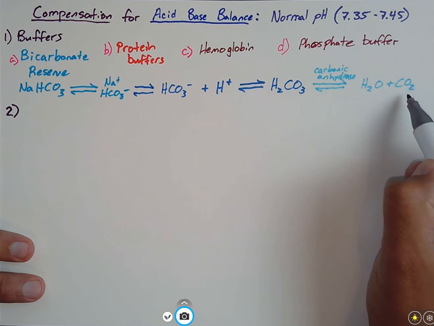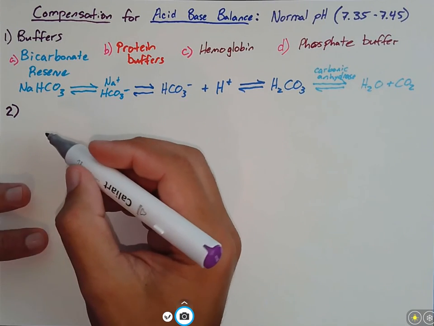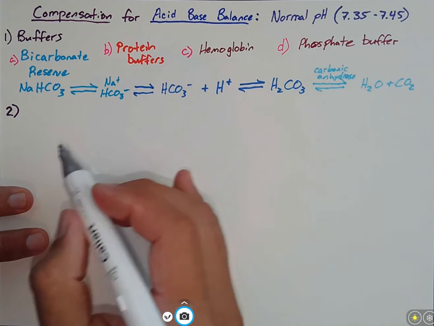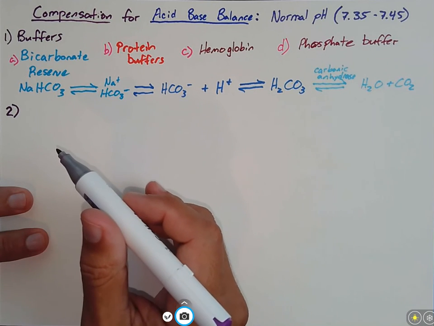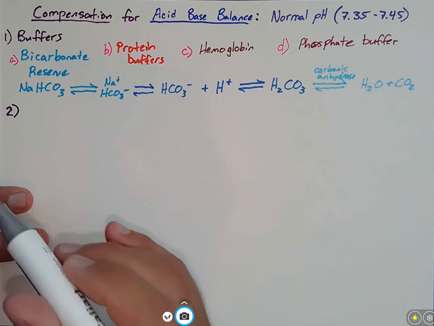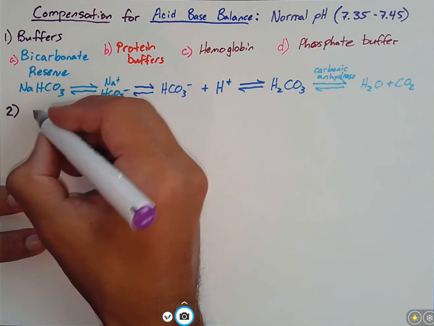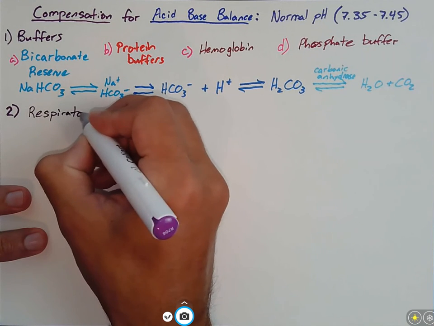Carbon dioxide. And what is the system that controls carbon dioxide levels in the human body? The respiratory system. It controls 70% of that acid-base imbalance because the respiratory system controls CO2. So the second compensatory mechanism is the respiratory system, or respiratory compensation is what it's called.